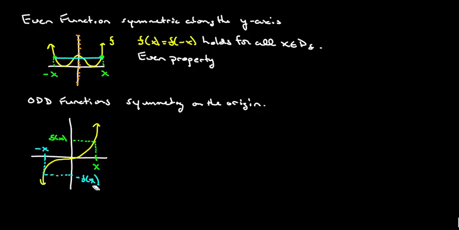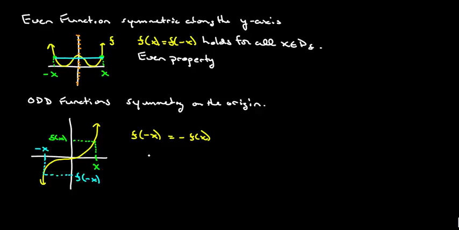So this is f of negative x, but notice that its height is the opposite of f of x. This leads us to the following: the function evaluated at negative x is this height, which is equivalent to the opposite of this height right here.